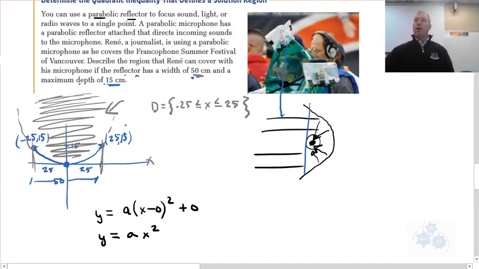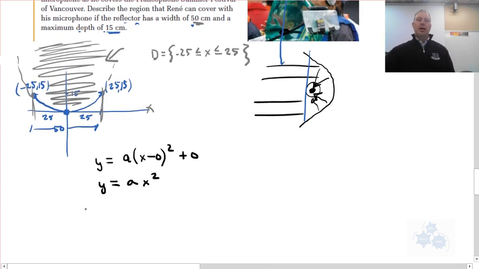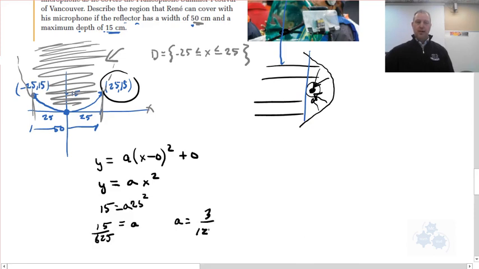If I plug in one point and the vertex, I could find out what a is. Let's plug in one of these points: 15 equals a times 25 squared. So a is going to be equal to 15 over 625, which simplifies to 3 over 125.